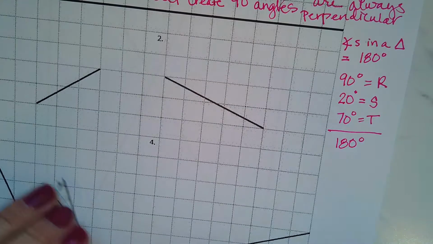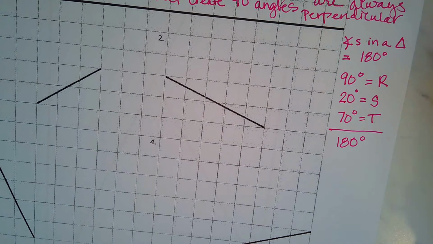All right, so let's go back to what our objective is today. Our objective is to construct perpendicular line segments on a rectangular grid. So this is just bonus information here. So let's put our straight edge.